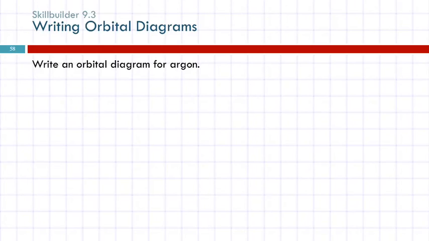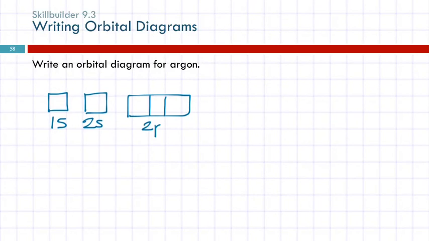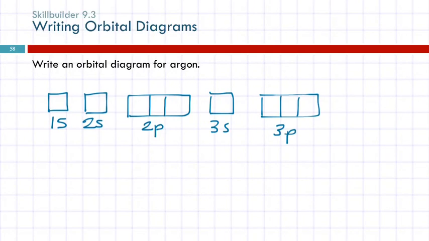Orbital diagram. Let's do an orbital diagram for argon. So argon is at the end of the 3rd period. So we only need boxes up to 3p, right? We need 1s for the first row, 2s and 2p for the second row, 3s and 3p for the third row.